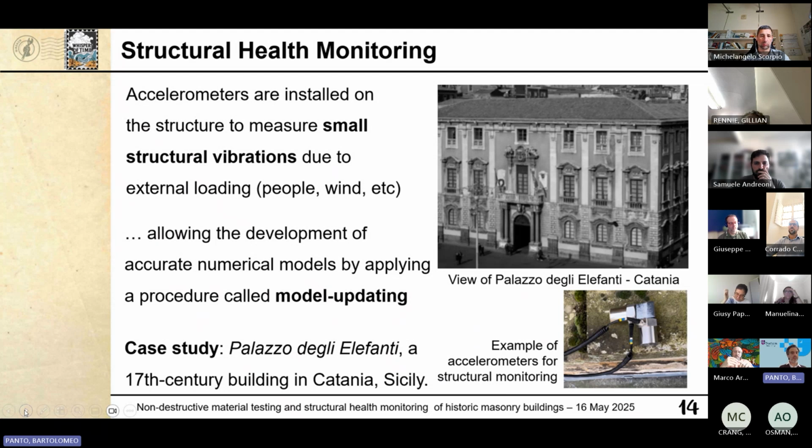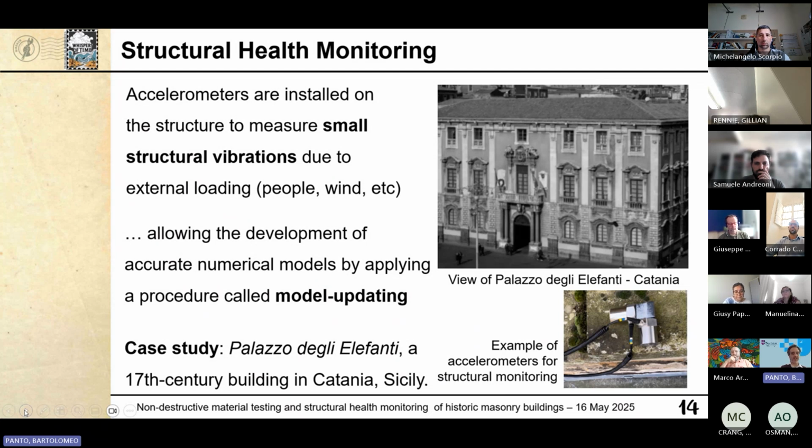Structural health monitoring, or dynamic identification, is a non-destructive test which tries to see what the response of the structure is against, let's say, service loading.